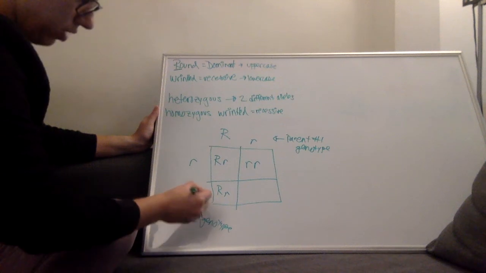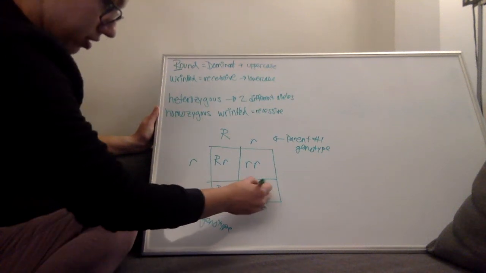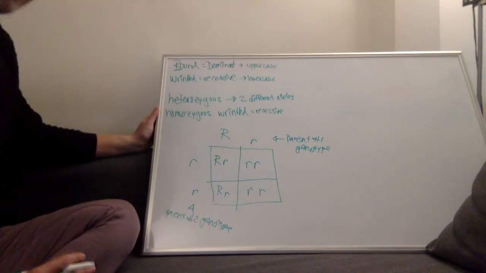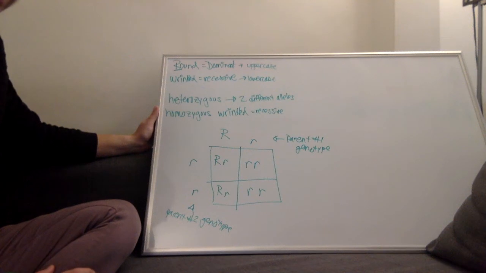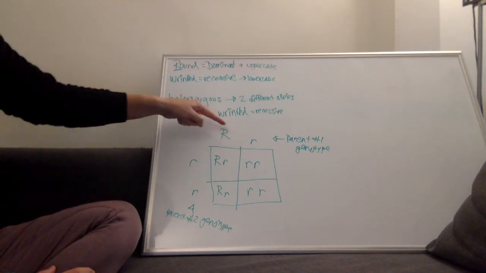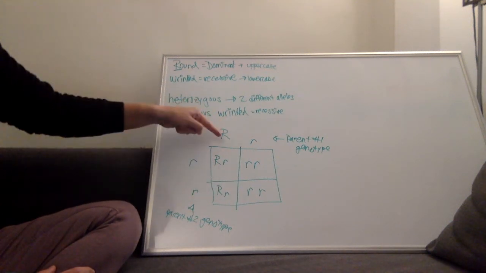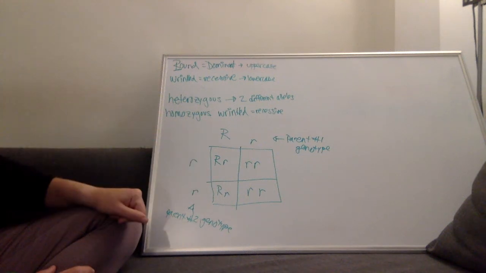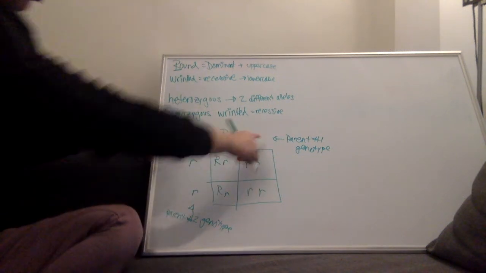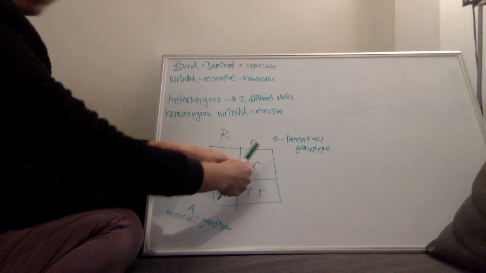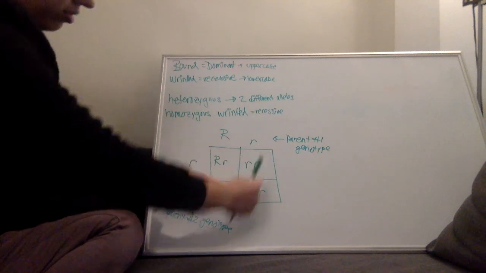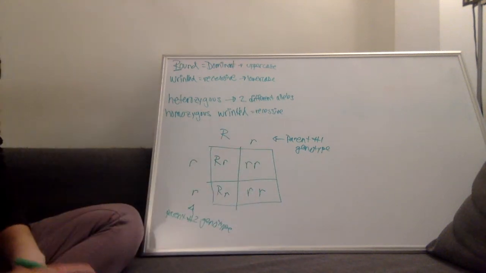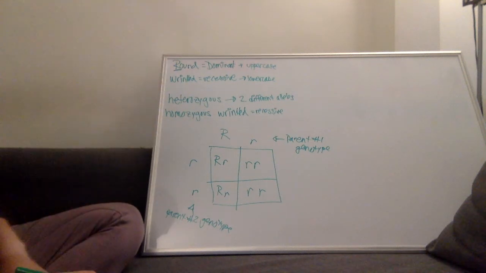Here we have lowercase r, bring it over, lowercase r. Does everyone see how I got that? I'm just taking these letters, putting them in the first box here, and then taking these letters and putting them in the subsequent boxes here. Here, these 2 go here. These 2 go here. It's sort of like how we read our codon chart, right? We had to make sure we were in the same column.